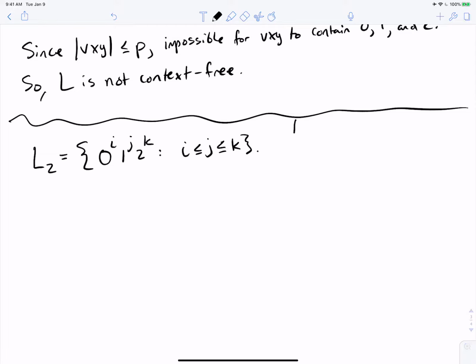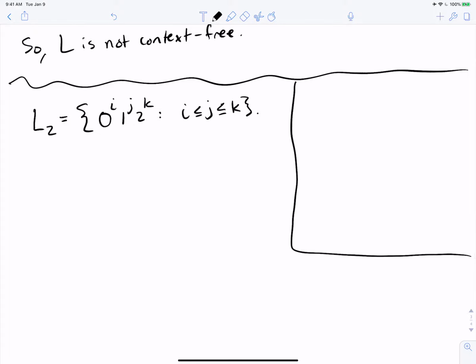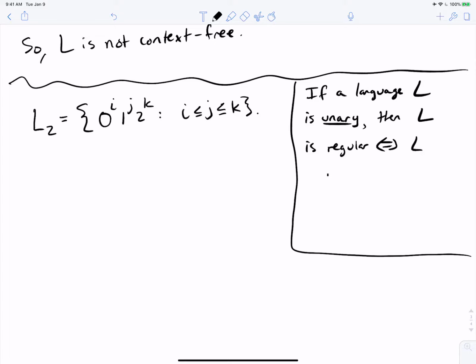One thing that I should mention is, so I'm not going to prove it here, but an interesting result is if a language L is unary, and I'll explain what that means in a second, then L is regular if and only if L is context-free. So this actually has really profound implications, as we'll see in a second.